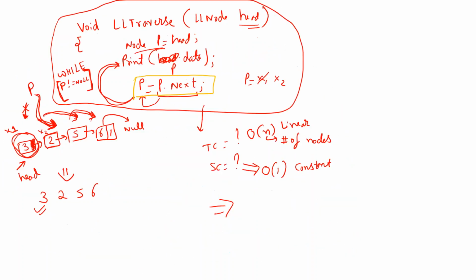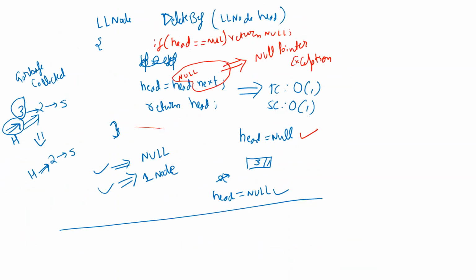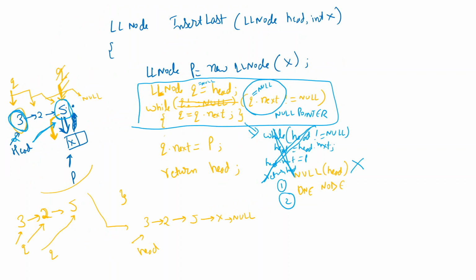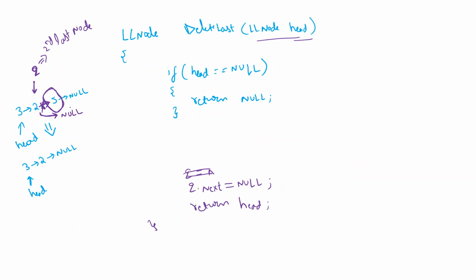So over here, when we were traversing the linked list, we had to move q even after the last node, right? We wanted to traverse all the nodes. Over here, when we were inserting at the last, we wanted q to be at the last node. Now over here, we want q to be at the second last node. And obviously you need to start everything from the start.